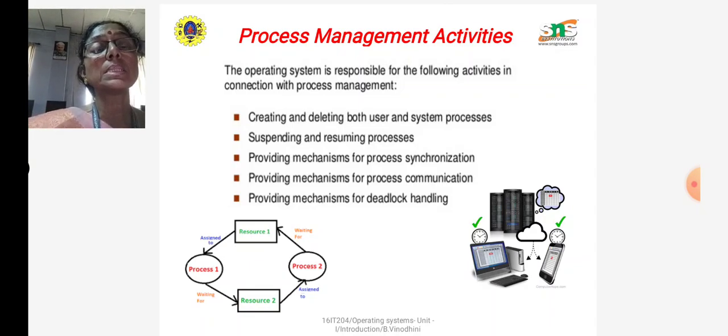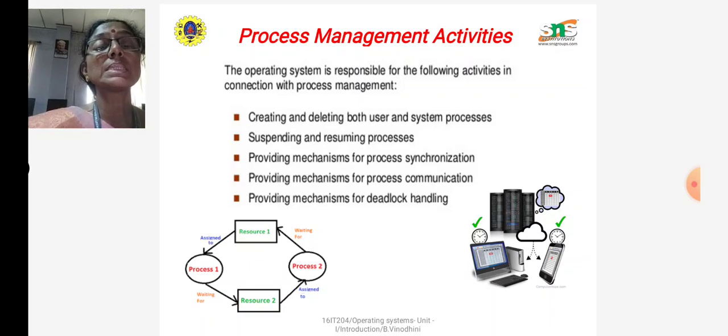The next activity is deadlock handling. What do we mean by deadlock? Suppose one process is using some resources and another process requests them.